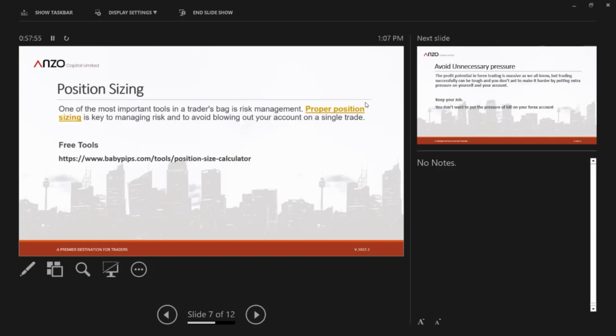I'll ask myself what lot size I would need to use such that if price hits my stop loss, it will not be more than $10. If it's 20 pips and I use 0.1, that's $20, which is more than I want. So 0.05 gives me $10. Sometimes it might not be exact.